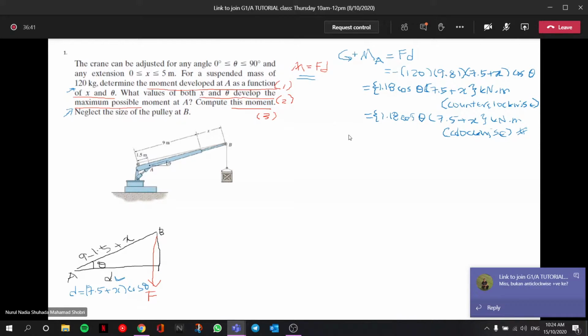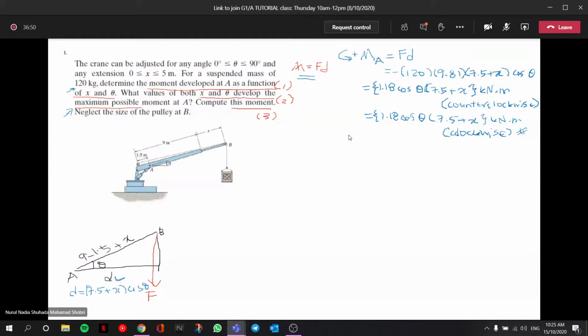Yes, the value is within the range, but there is only one answer within the range. So what makes the moment to have the maximum possible value? Does anyone know? This question is actually quite similar to example 3 in your lecture. I think you guys should have known this.